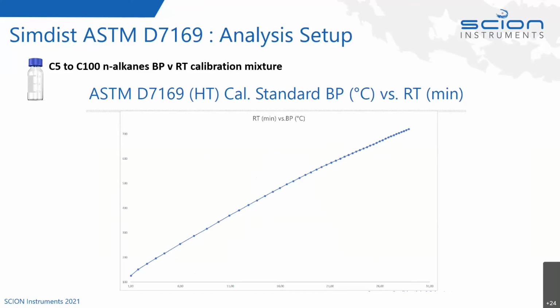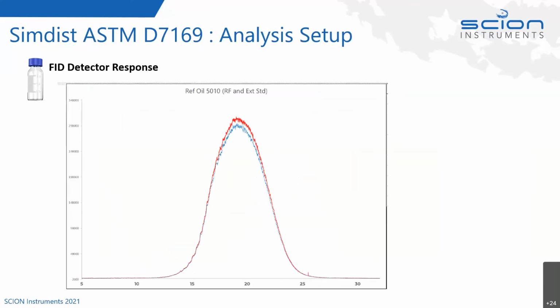Next, we'll run an FID detector response signal. This is really just for cases where the sample will not fully elute from the column, so that we'll be able to monitor the recovery and see what the recovery of the sample would have been. For this, we're going to use the reference oil 5010 as the response factor for the FID. It's important to run this.